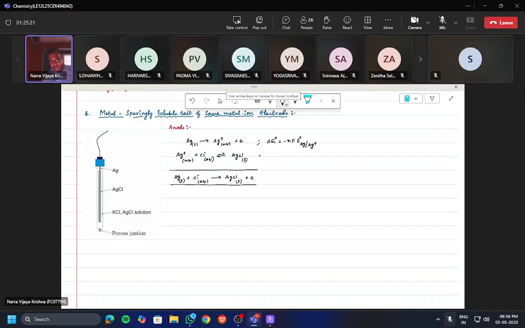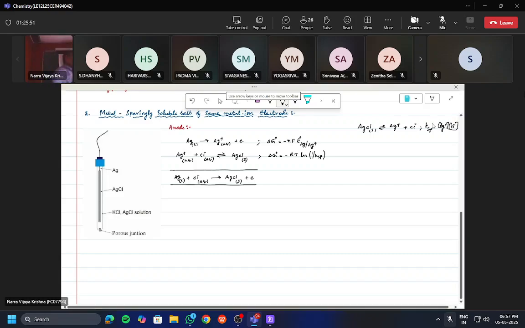For the second reaction, what is delta G naught? Minus RT ln 1 upon KSP. Why am I writing 1 upon KSP? This is the reverse of the KSP equation. In the ionic equilibrium chapter, what is solubility product? AgCl gives rise to Ag plus and Cl minus, so KSP is equal to concentration of Ag plus times concentration of Cl minus.